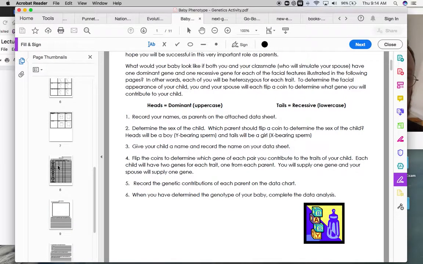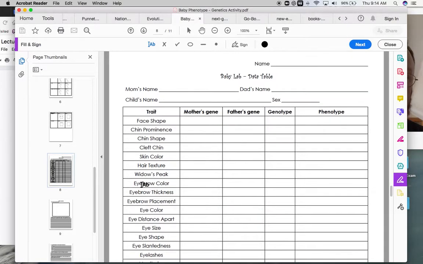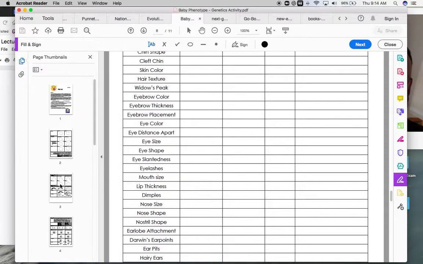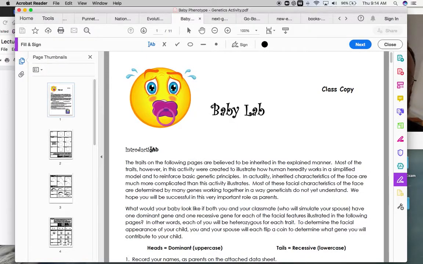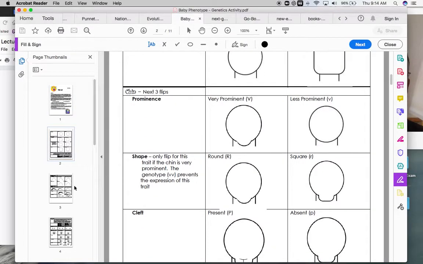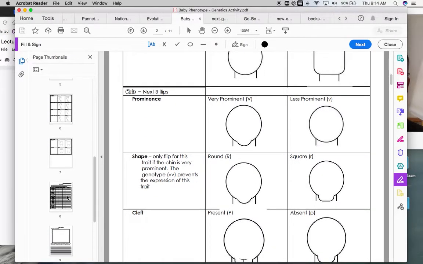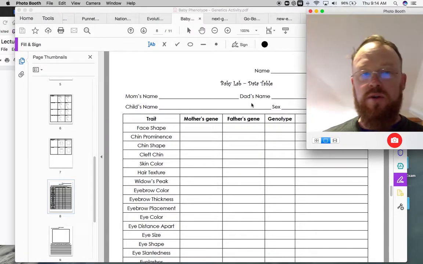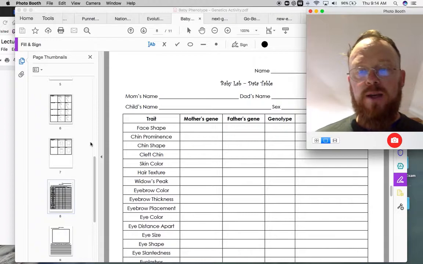I scroll to page 8 and see the workspace. Then I can scroll back to page 1 to check the instructions, or page 2 for the traits I'm working on. As far as workflow is concerned, that might be a little easier to deal with.